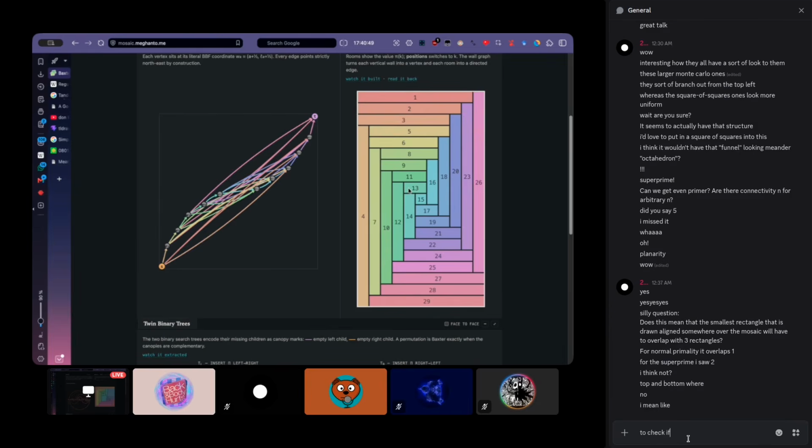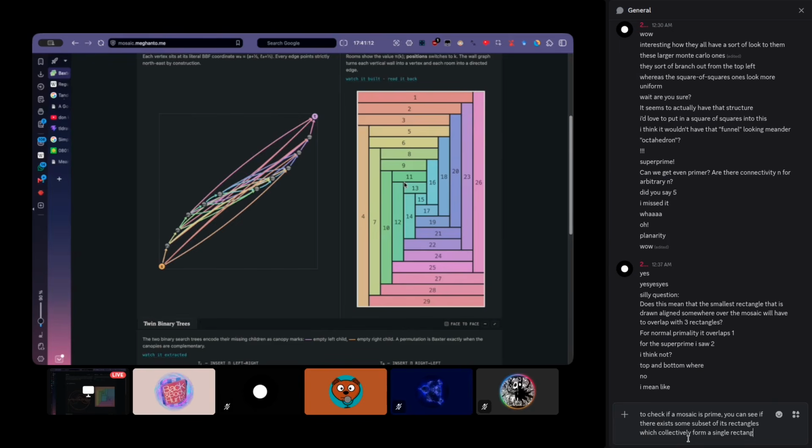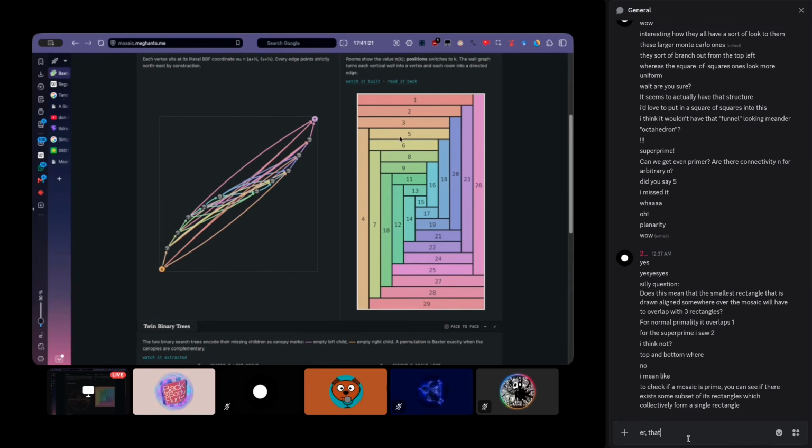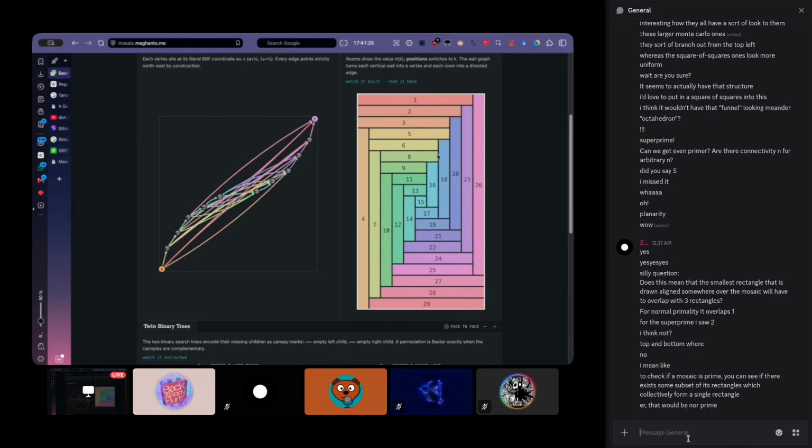Okay, I think there's a different definition. Can you explain it? To check if a mosaic is prime, you can see if there is some subset of its triangles. Right. There is no such subset because it's prime, right?